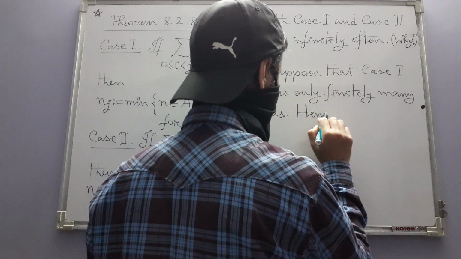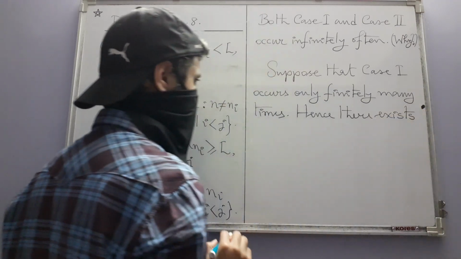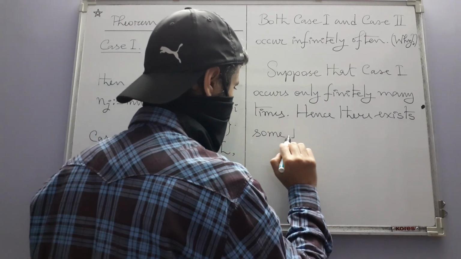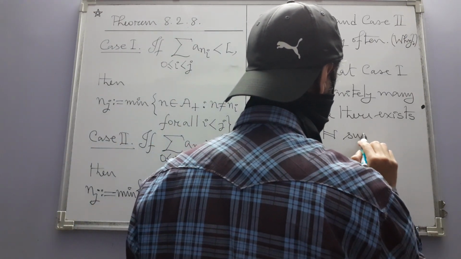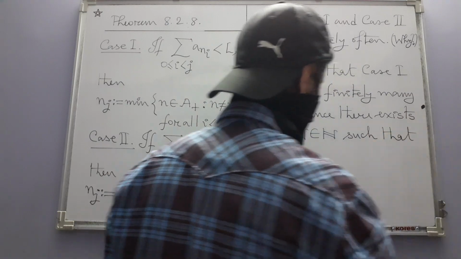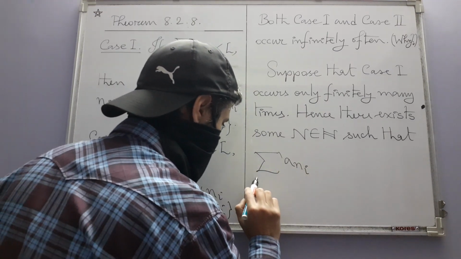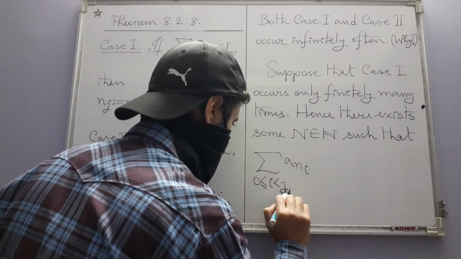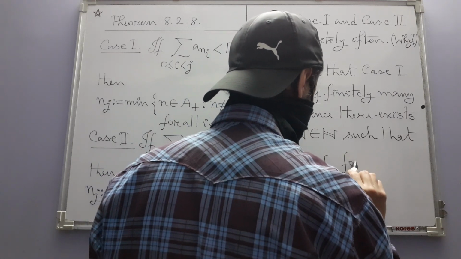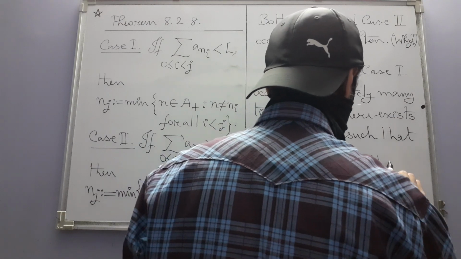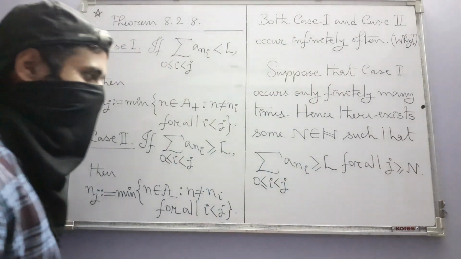Hence, there exists some natural number capital N such that these sums are all going to be greater than or equal to L for all j greater than or equal to n.